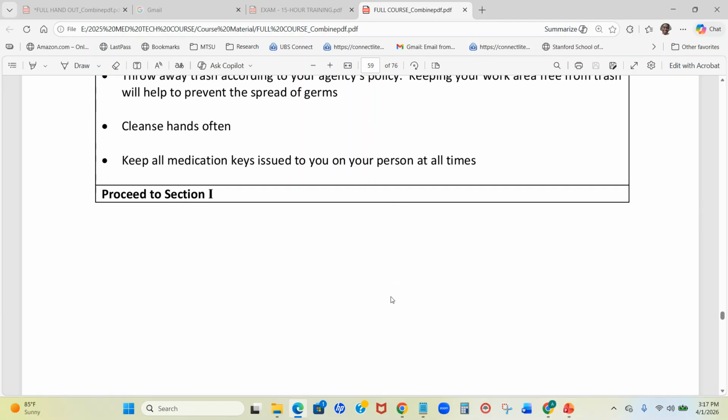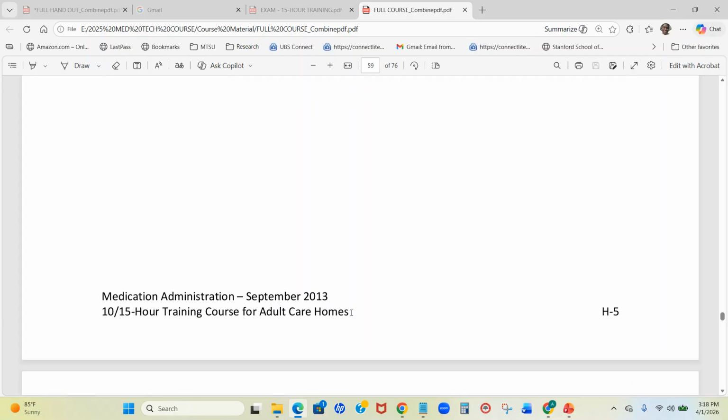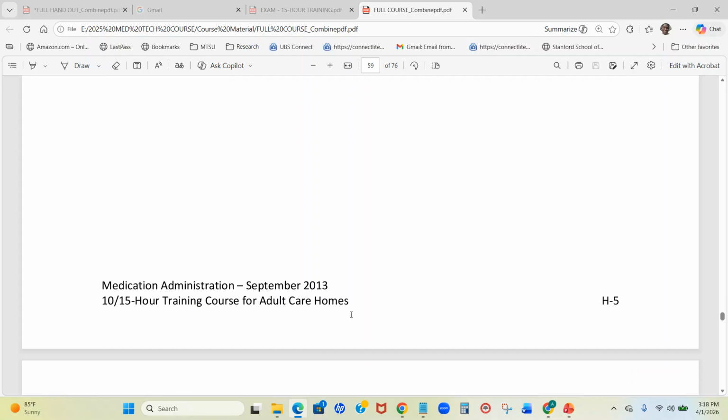Cleanse hands often. Keep your hands clean at all times, from one resident room to the other. Use the alcohol rub once or twice, then the third time, use soap and water. Keep all medication keys issued to you on you at all times. It's very, very important.